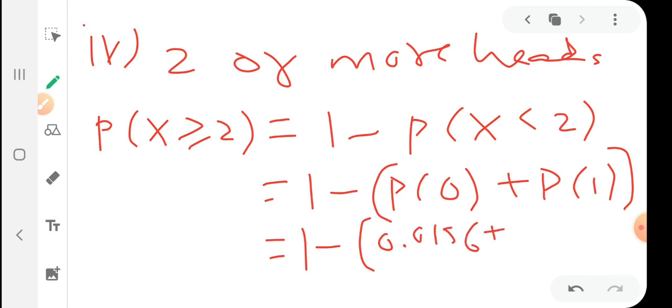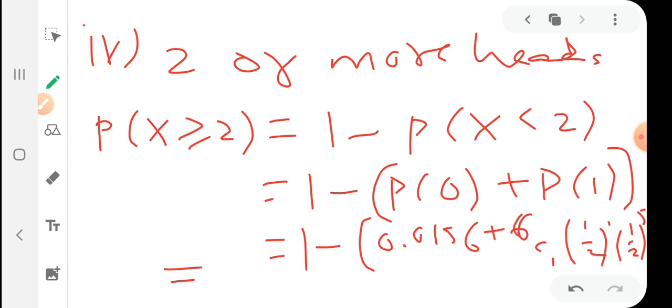Now P of 1, yes, 6C1, then 1 by 2 raised to 1 into 1 by 2 raised to 5, and do your calculation.